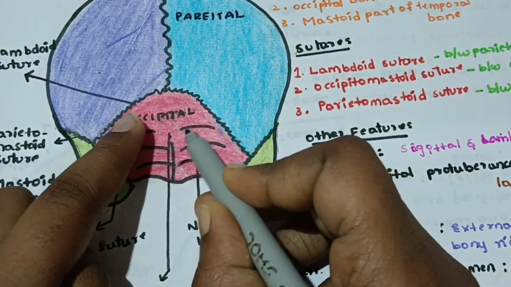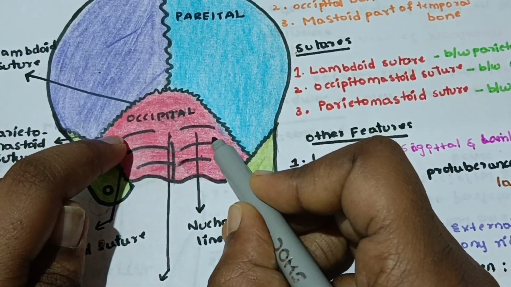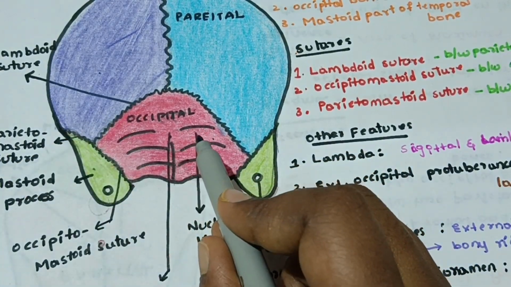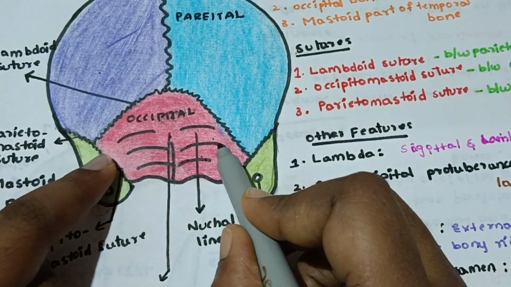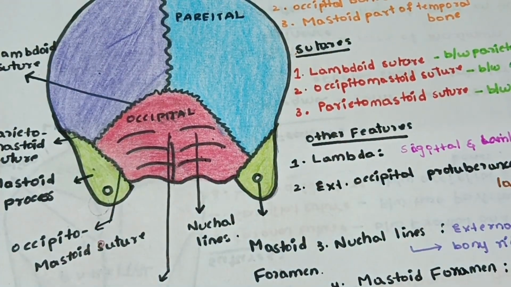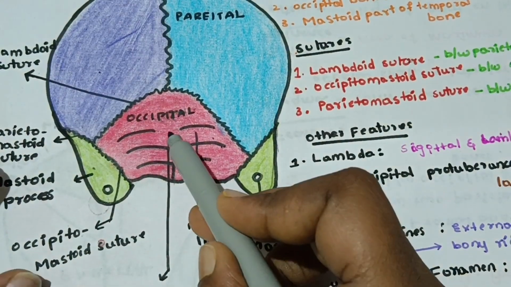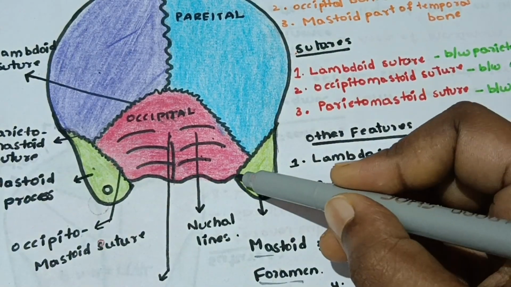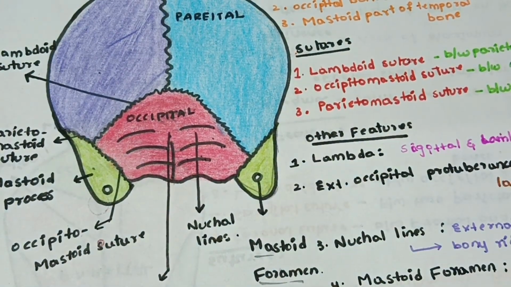The nuchal lines are three: superior, inferior, and one present above. Along with them, there is another feature known as the mastoid foramen, present in the mastoid part of the temporal bone.